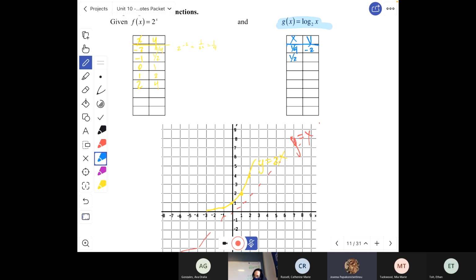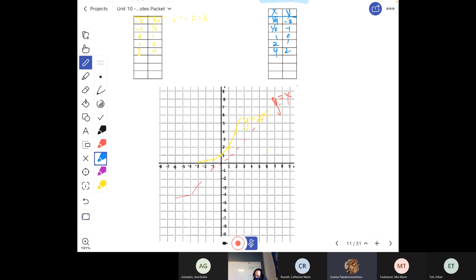Do you see how I'm just interchanging my domain and my range values? And then I could plot those points. When x is 1/4, I'm at -2. At x equals 1/2, y is -1, then (1, 0), (2, 1), then (4, 2). And there's y equals log base 2 of x, its inverse.